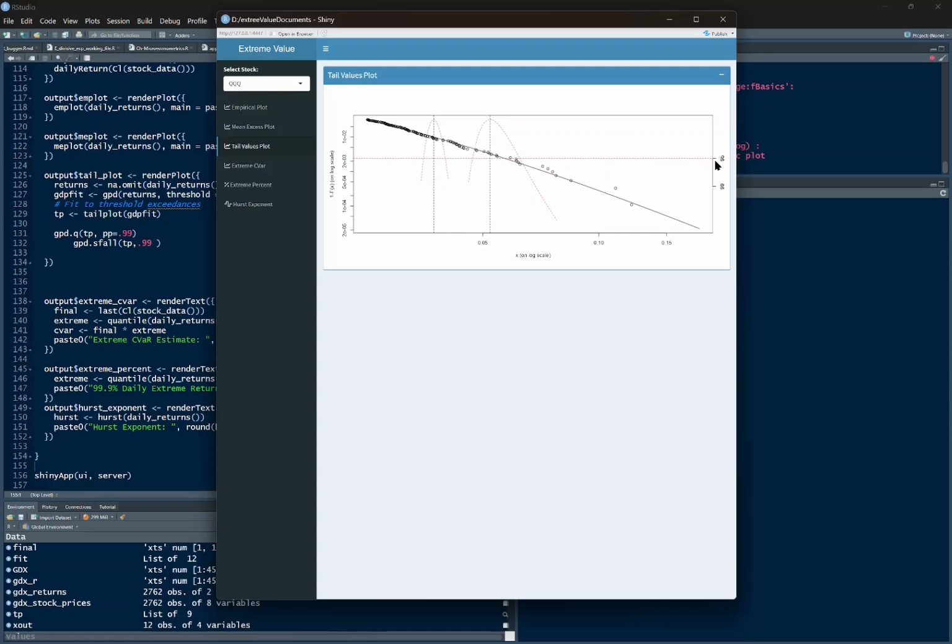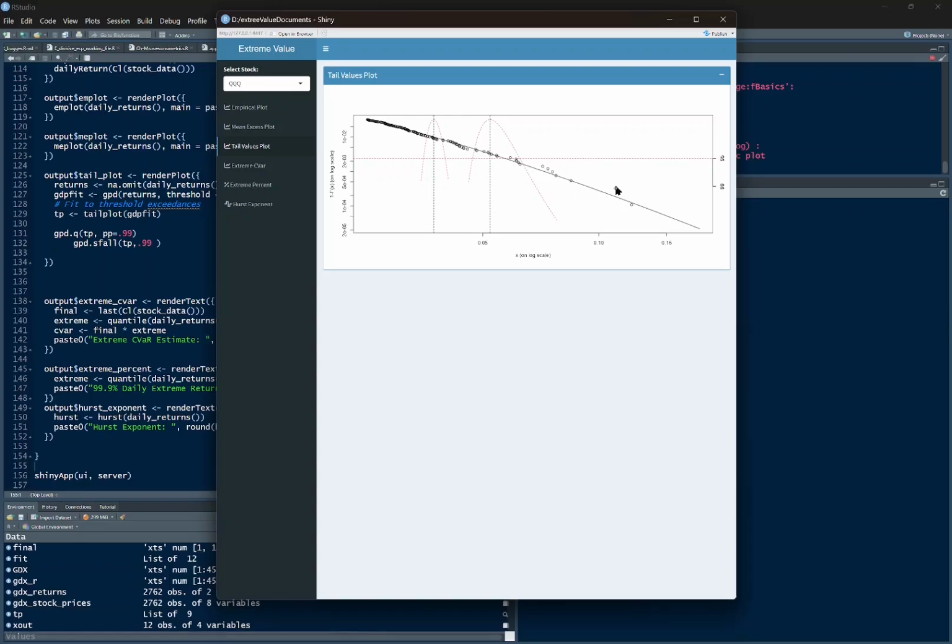So that's the 95% confidence interval there. All the data in the 95% confidence interval is there. The EVT thresholds are there. Above there's 95%, above there's 99%. Deviations from the straight line can indicate non-Pareto behaviour.